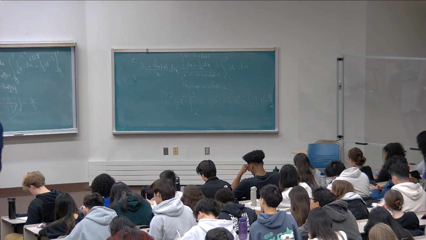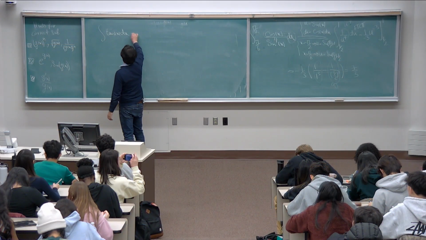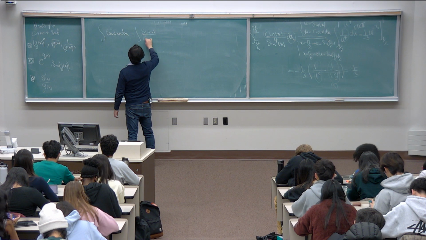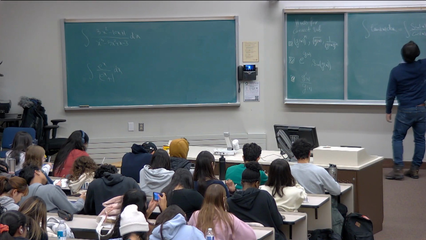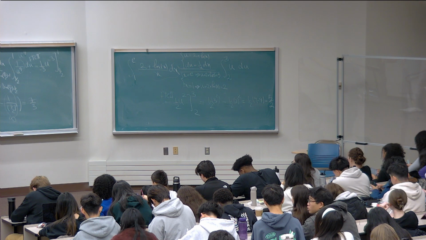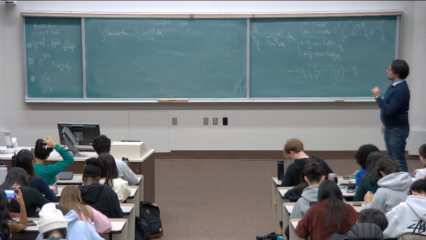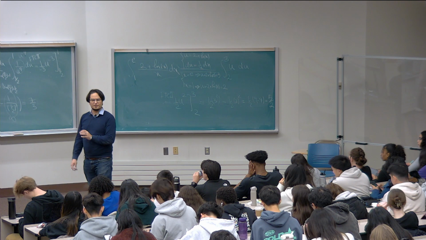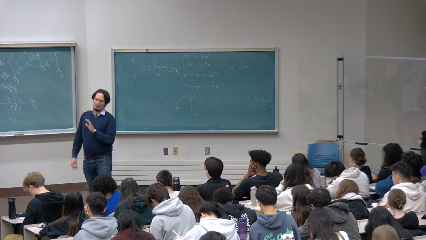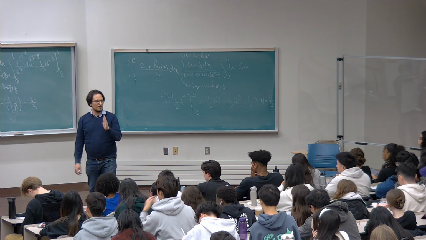Integral of tan x. I can write this as sine x over cosine x dx. Why am I writing it that way? Because when I do that, what I see is that the derivative of the denominator is in the numerator. Well, that's a lie. I'm missing a negative 1 factor.